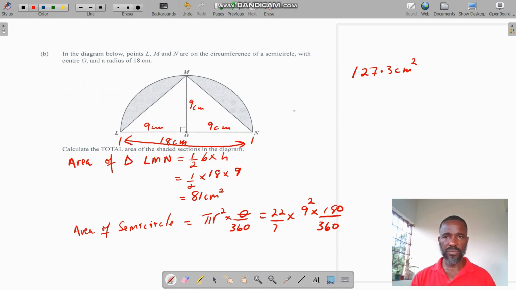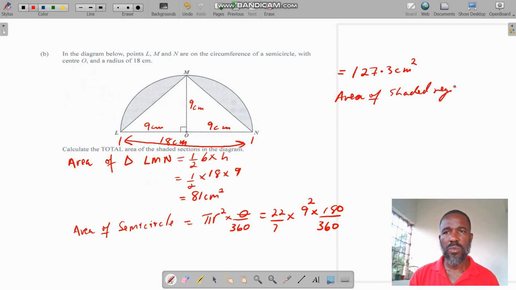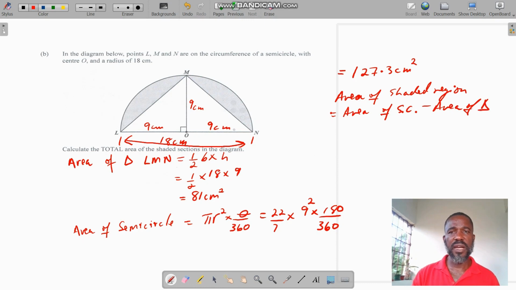So when we calculate that, we have 127.3 square centimeters. Therefore the area of the shaded region is going to be equal to the area of the semicircle minus the area of the triangle.